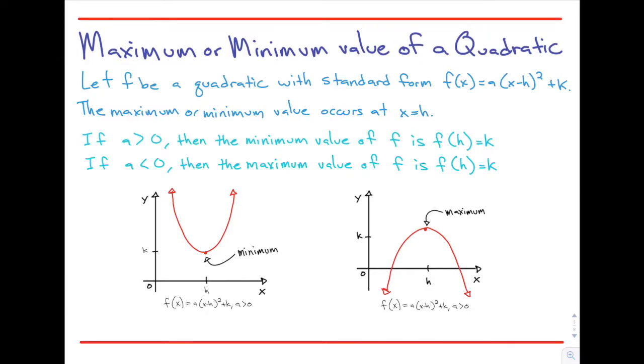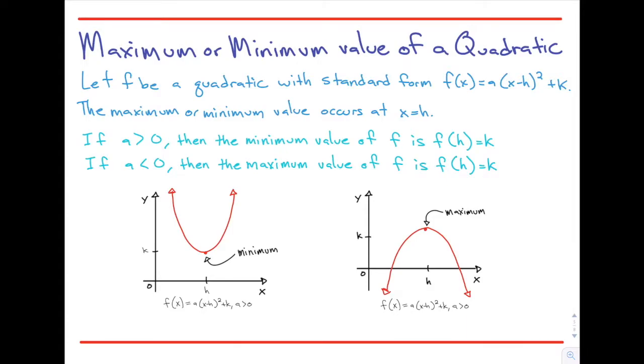So the maximum or minimum value of a quadratic: if f is a quadratic with standard form f of x equals a times the quantity x minus h squared plus k, the maximum or minimum value occurs at x equals h. If a is greater than 0, then the minimum value of f is f of h equals k, and if a is less than 0, then the maximum value of f is f of h equals k.